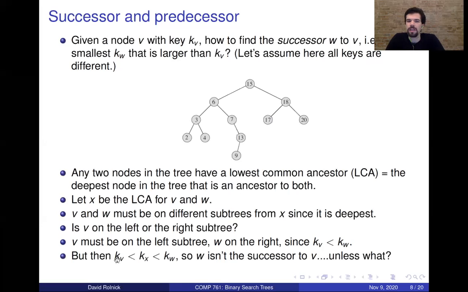But then we have that the key of V is less than the key of X is less than the key of W. So W can't be the successor to V because X is between them. Wait, what? What happened? Where did we mess up?